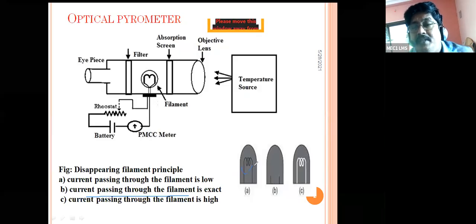For example, if it is dark when you are seeing through the eyepiece, it is not matching, it is wrong. So we have to adjust the rheostat until the filament disappears. The filament disappearing means both radiations are matching: the filament is emitting radiation as well as the body emitting radiations. When both radiations are focusing, the filament disappears. Then we understand it is coinciding, and at that particular current we find out with the help of the meter, and it will display. Then we can go for calibration at that particular current. This is the temperature.